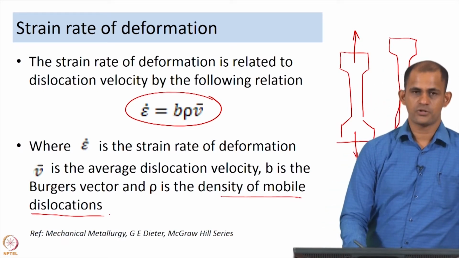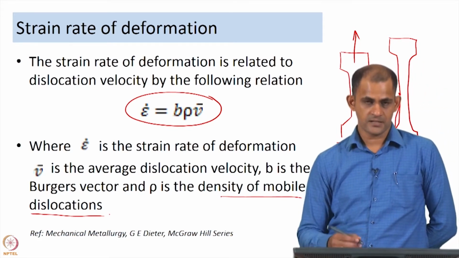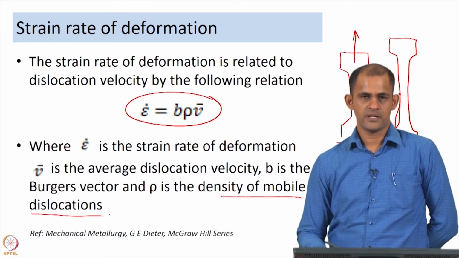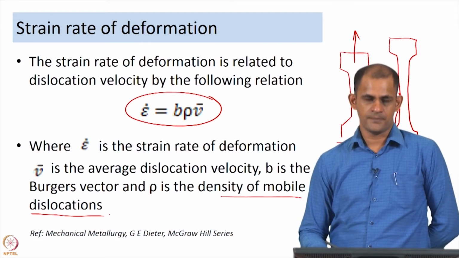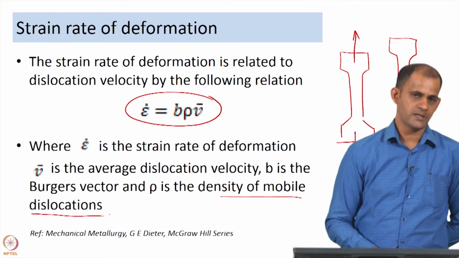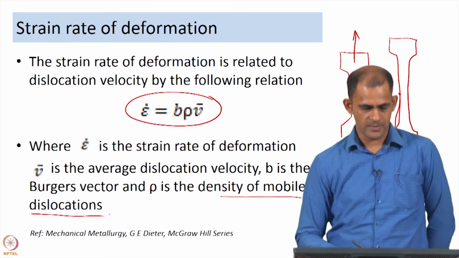Again, the purpose of introducing this slide is to tell you that this relation will be important in understanding the creep rate of deformation. Especially when we talk about power law creep and Weertman's model, this relation will be helpful there.